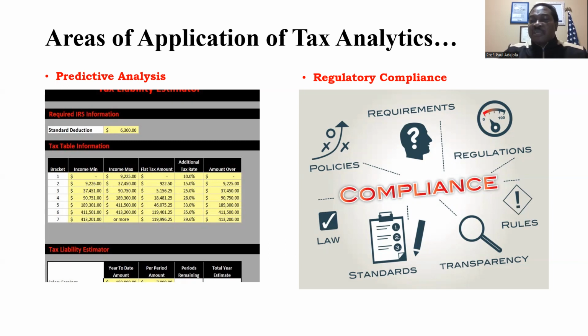And all this will bring about transparency. So you won't have any need to be running helter-skelter when the tax authority beams their light into your books to see whether you are window dressing or not.